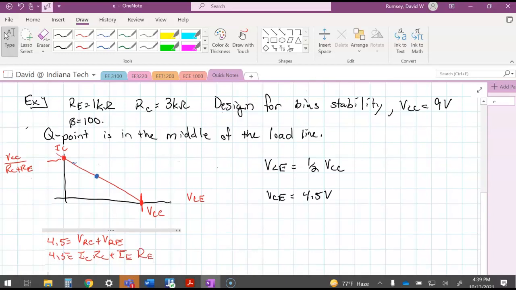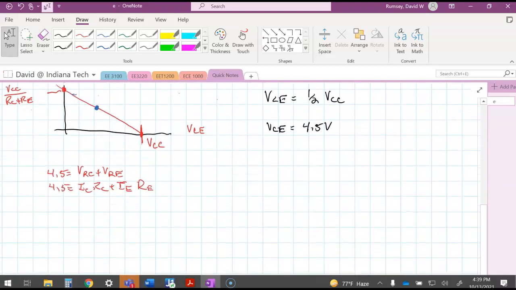But remember, an easy approximation we make is that IC is equivalent to IE. So instead we have 4.5 equals IC times RC plus RE. And so IC is just going to be 4.5 volts divided by 4 kilo ohms.